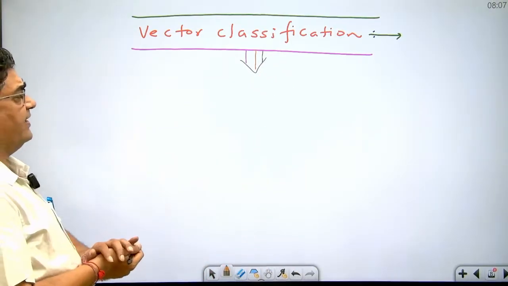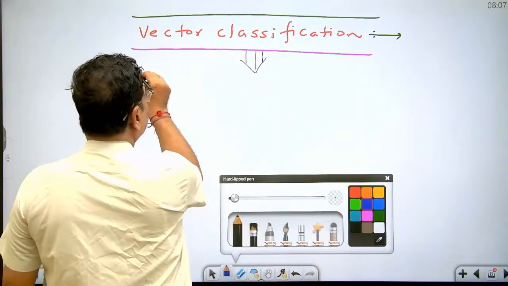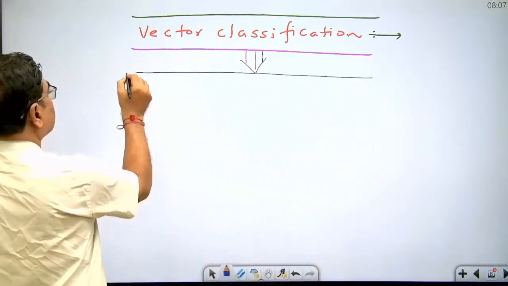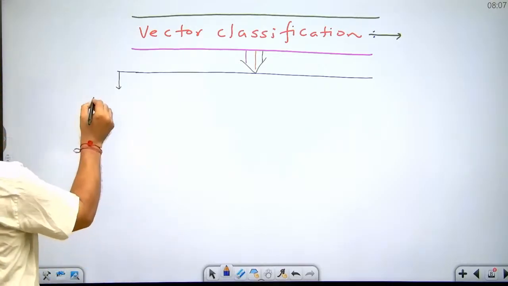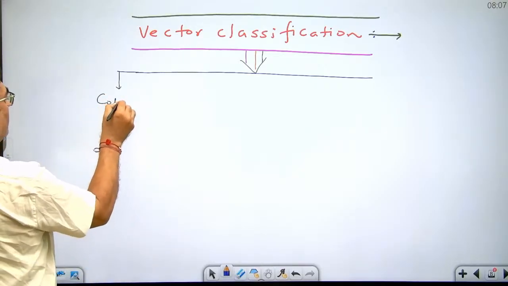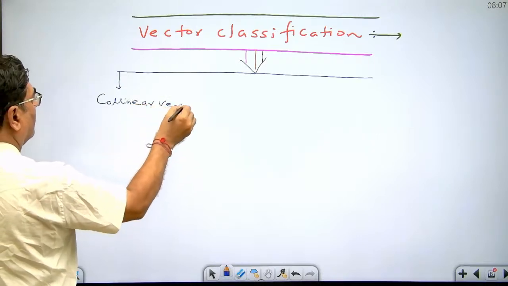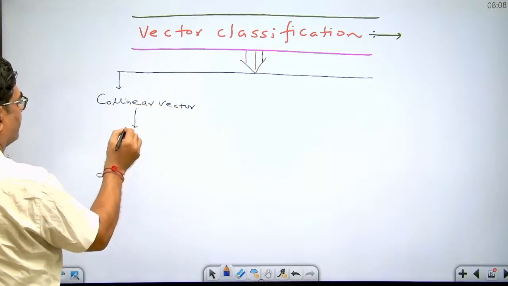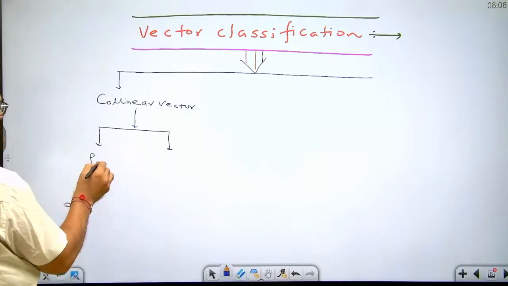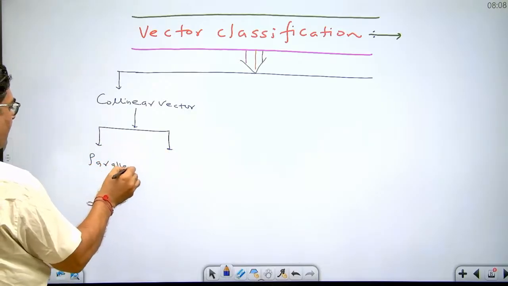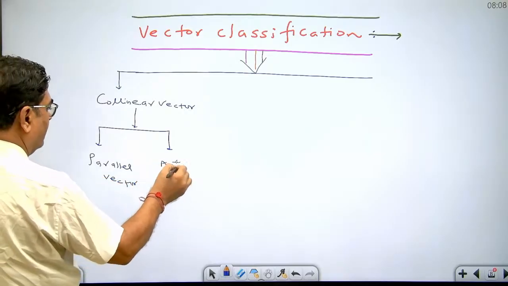Vectors can be classified into the following categories. Let's see. One is collinear vector, which will again be classified as parallel vector and anti-parallel vector.